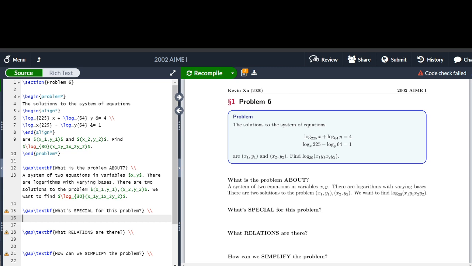Now, what is special about this problem? Firstly, because we are dealing with logarithms, we have to make sure that every single logarithm is well defined.